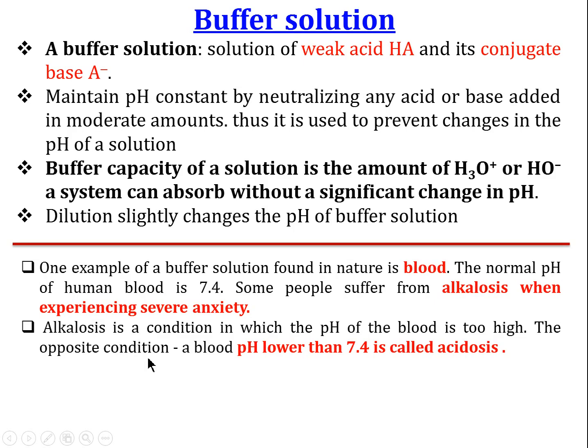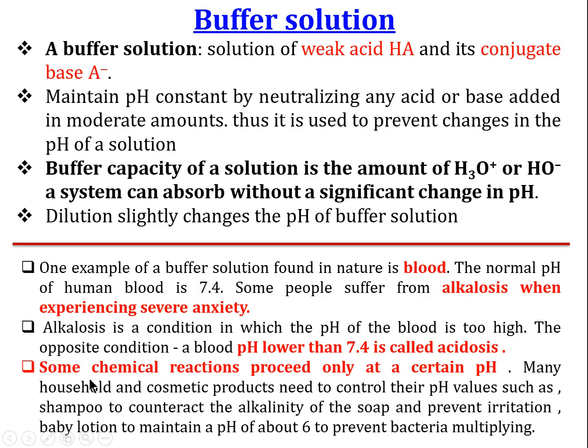In the case of alkalosis and acidosis, the person should take a medicinal drug containing a buffer system that maintains the pH around 7.4. Buffer systems have other applications as well.